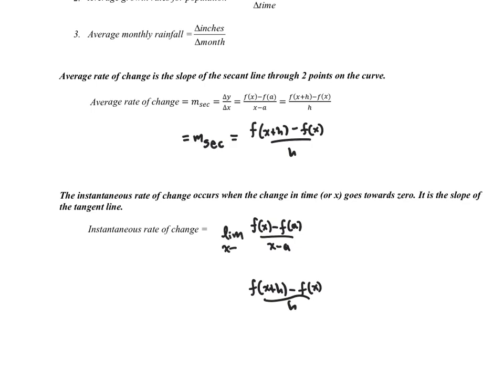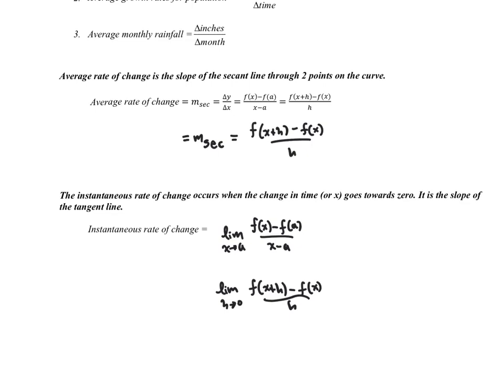So we would take the limit as x approaches a in the first form, and the limit as h approaches 0 in the second form. That's how we will calculate the instantaneous rate of change when x, or the change in x, goes to 0. That will be the slope of the tangent line.